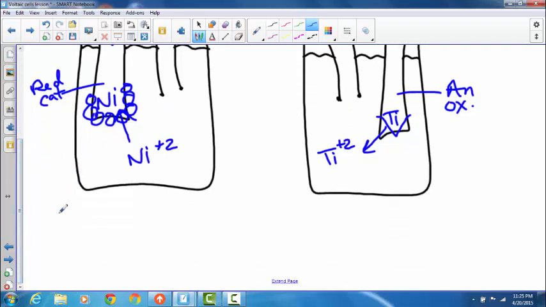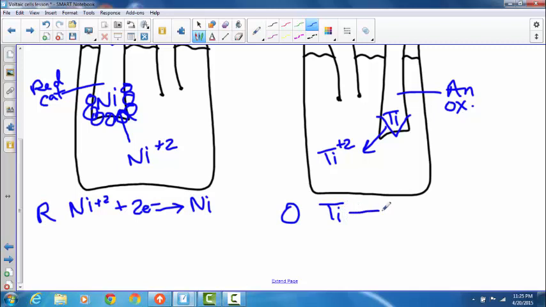All right, if I write out my half reactions, this is reduction: Ni plus 2, plus 2 electrons, forms Ni. And over here, my oxidation: Ti becomes Ti plus 2 plus 2 electrons.